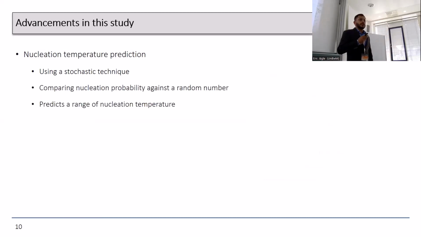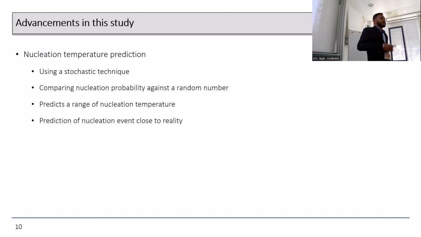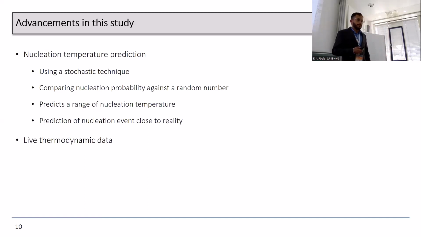When the probability of nucleation is more than the random number generated, we accept that nucleation happened. This predicts a range of nucleation temperatures for droplets of similar size. When we compare against the random number, the nucleation temperature is identified at different time steps for different iterations, even if the droplet size is the same.